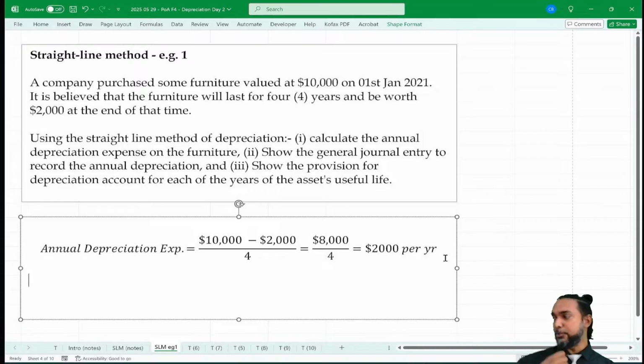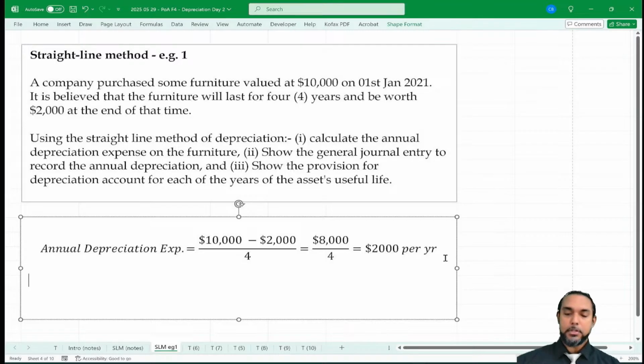Now, like I was saying last week, there are two acceptable methods at the CSEC level. There's the most popular one that has been in use for a few decades now, the one I learned back in the 90s, and the one that's still in most of the textbooks at the CSEC level, right? Which is a debit to the income statement, or profit and loss if you want to call it that still, and credit the provision for depreciation account.